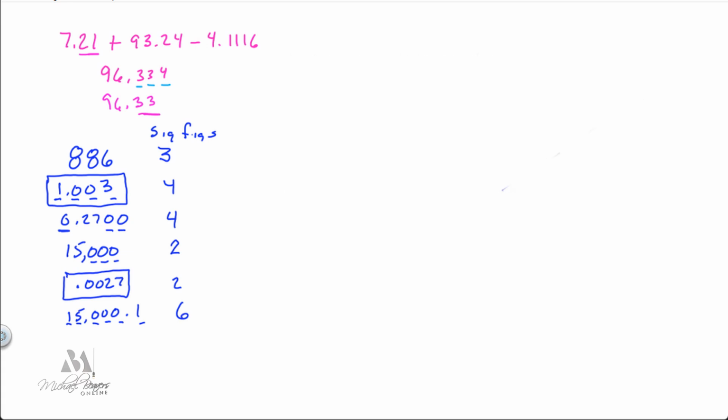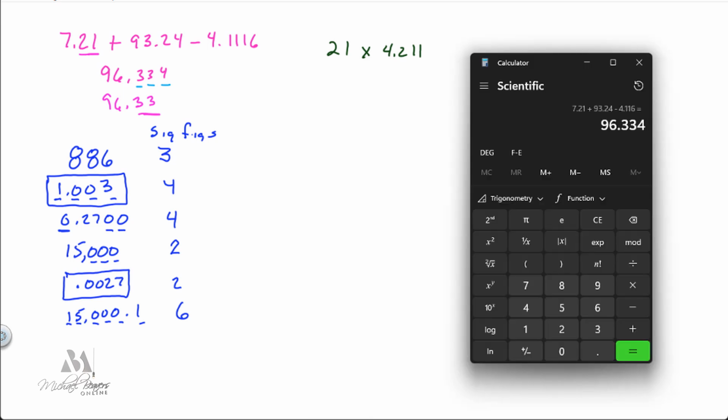Let's go to a multiplication problem. And let's just say we want to do 21 times 4.211. So I'll pop up the calculator. 21 times 4.211.